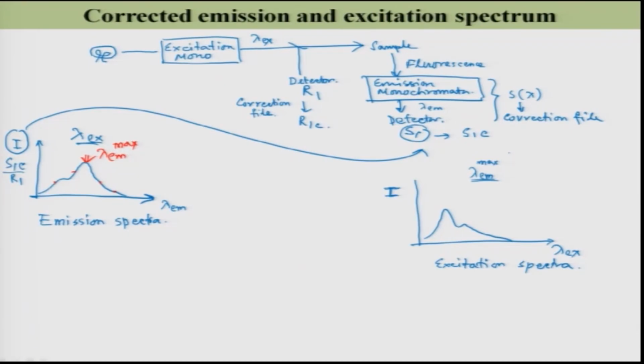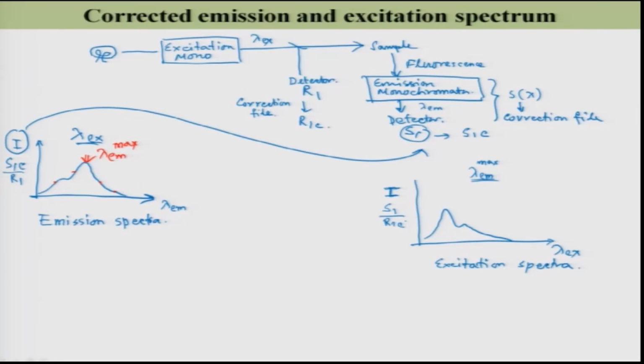So, only S1, but I must divide S1 by R1C, and that needs to be corrected, right. Okay. So, that is it for this measurement of the corrected emission and excitation spectrum.